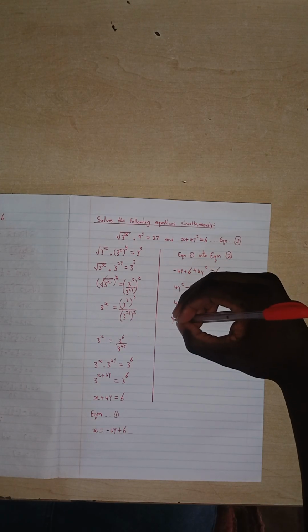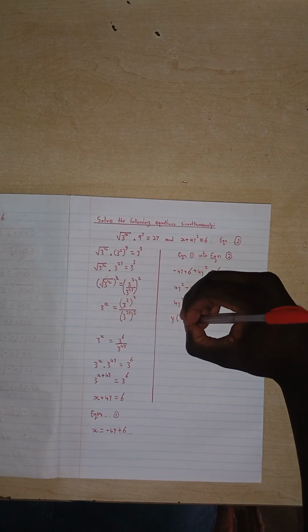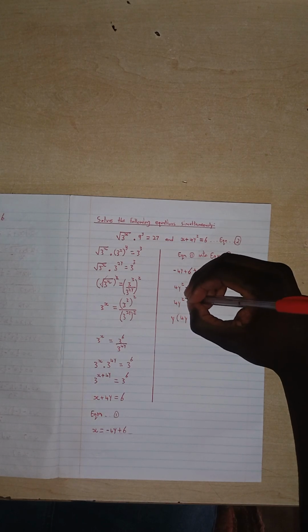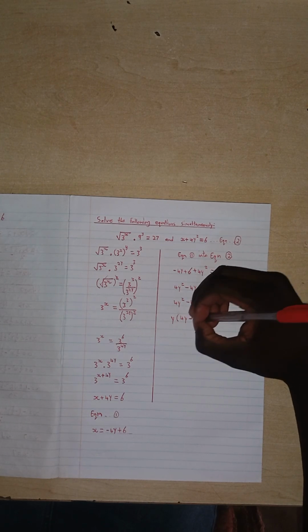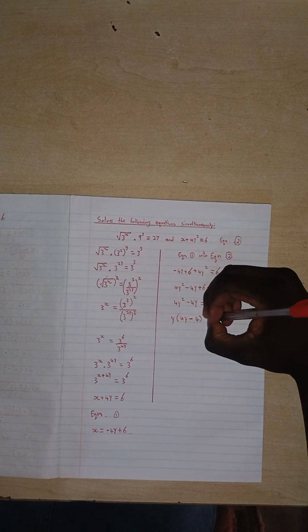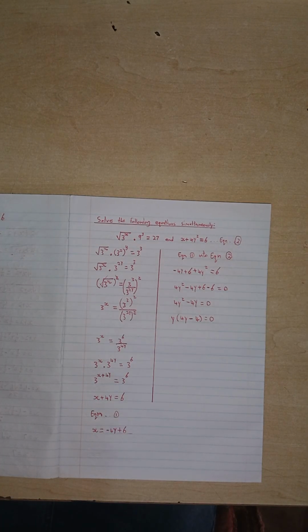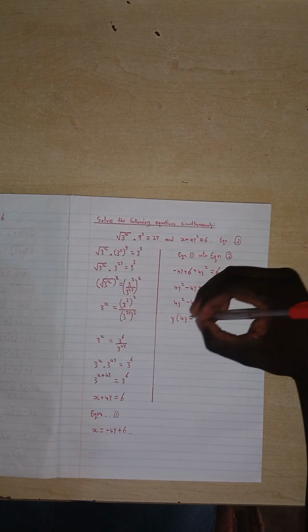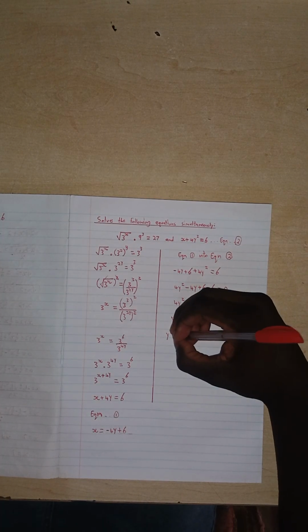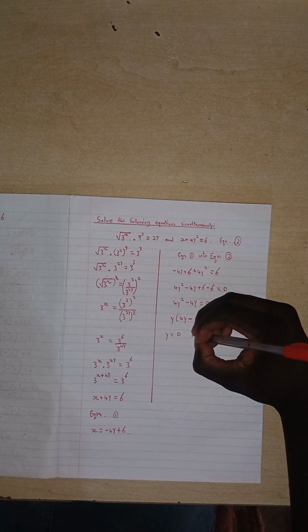So we factor out the y, then we are left with 4y. Y times 4y gives us the 4y squared, minus, okay, we put the 4, equals 0, as you can see.